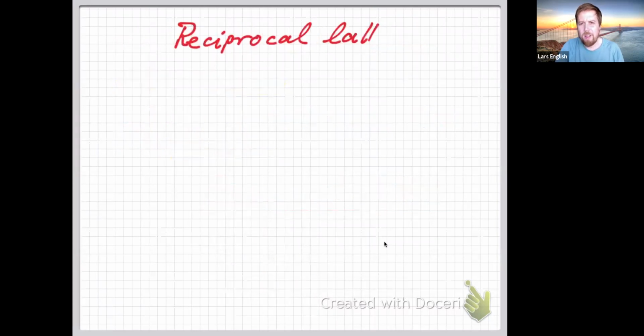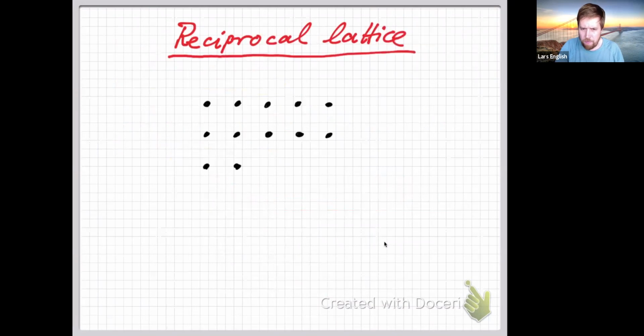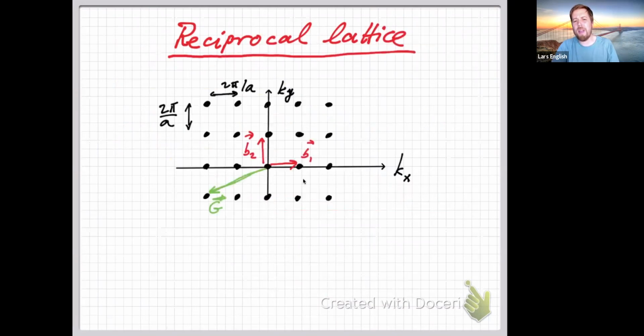Okay. So here we are, and now I want to highlight a particular reciprocal lattice vector G, namely the green one here. And I would like to know, well, we can write it, right?